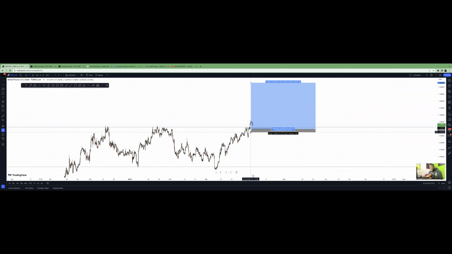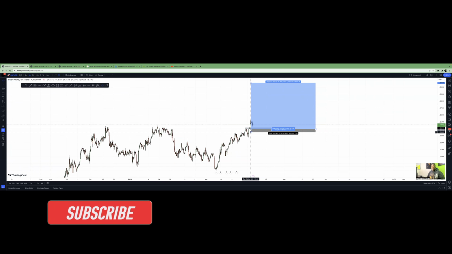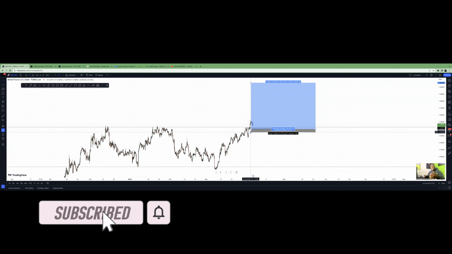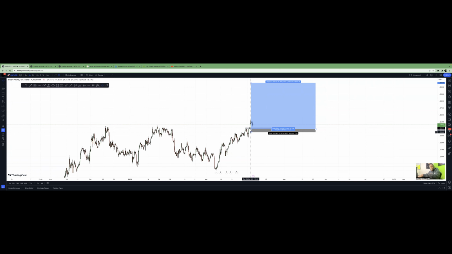When I get that number, I'm going to find the equivalent lot size that matches up with it, and that's the lot that I'm going to be using. Why? Because if I lose a trade, that lot we just calculated is the amount that I'm going to be risking confidently and comfortably throughout the whole trade. So if the trade goes south on me, I know how much I'm losing, and I'm okay with that, right?